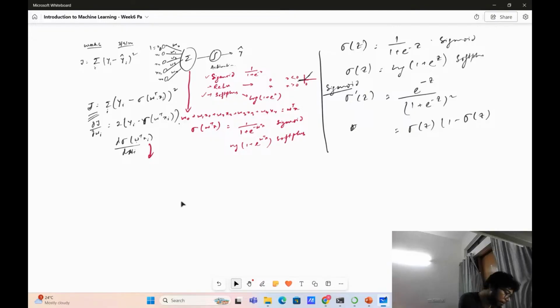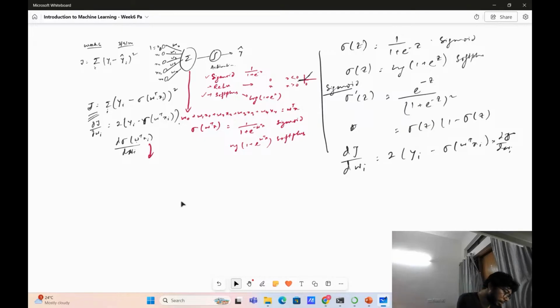Now, what will be our derivative dJ/dw_i? If we see from here, it will be twice of (y_i minus sigma of w transpose x_i) times d sigma/dw_i.